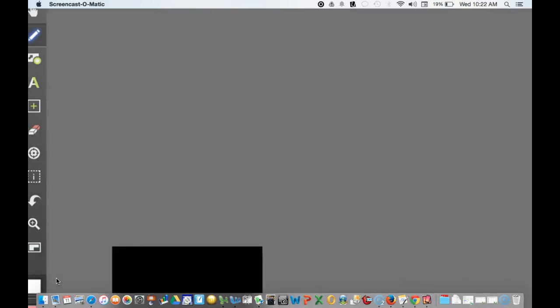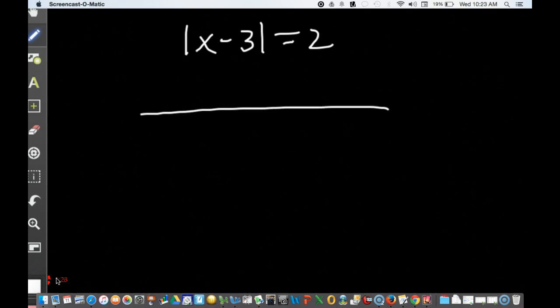With that said, we can up the ante a little bit and look at an equation such as the absolute value of x minus 3 equals 2. Now we're basically saying that the distance from x and 3 is 2. So if I think of my number line, I'm saying I want to find what's 2 units away from 3.